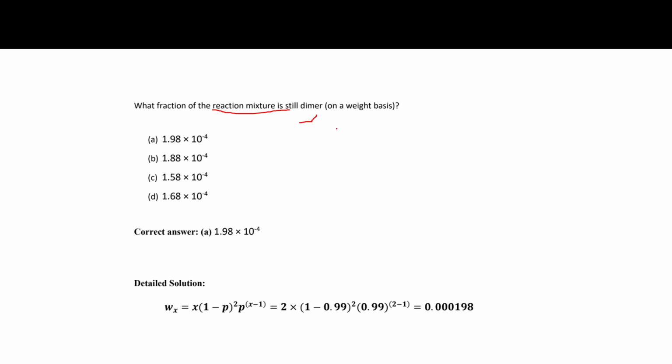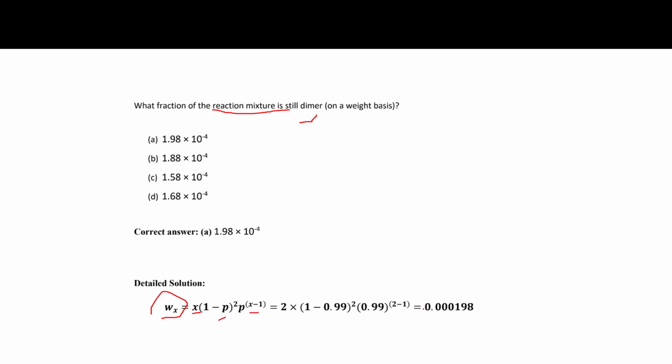So you know the percentage of conversion, say 99% conversion. If you calculate wx, the x value will be 2, and your percentage of conversion is 99%.